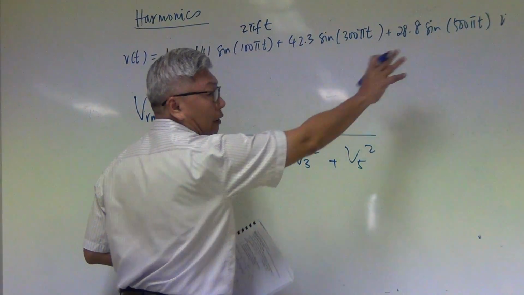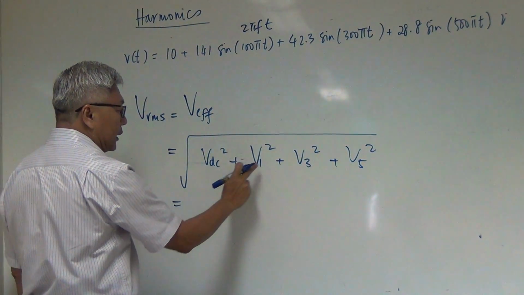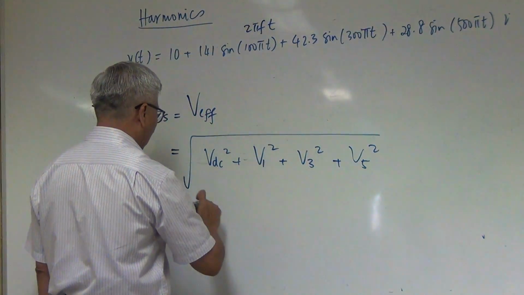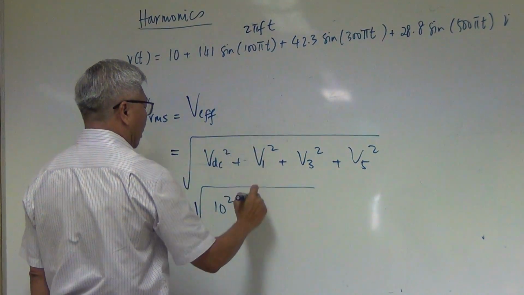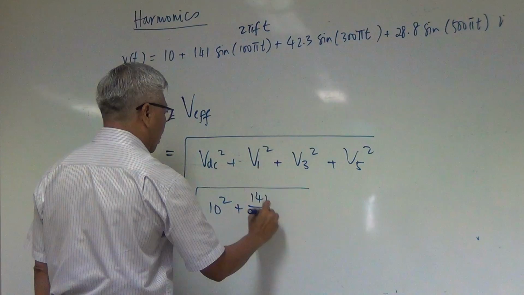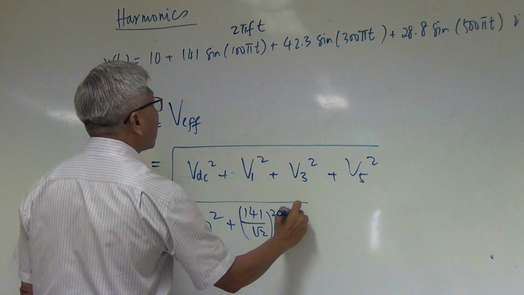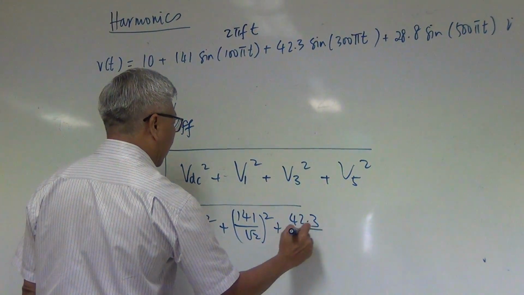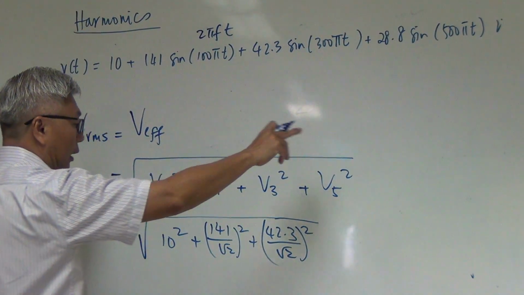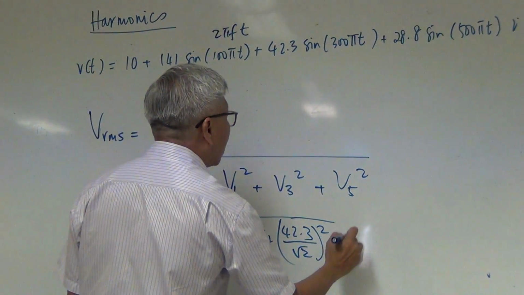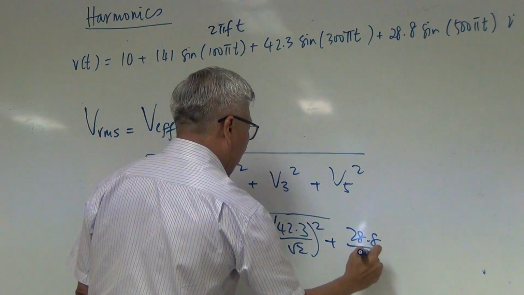Basically all these are RMS values. So it is equal to 10 squared plus 141 divided by square root 2 squared plus 42.3 divided by square root 2 squared, plus V5, which is 28.8 divided by square root 2 squared.